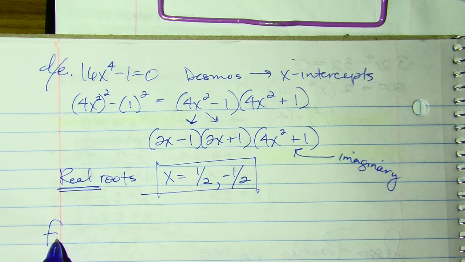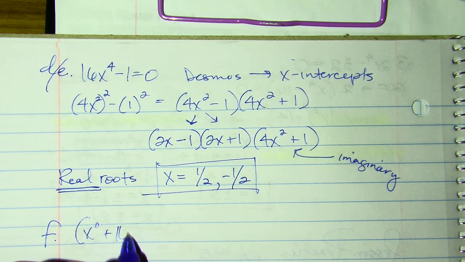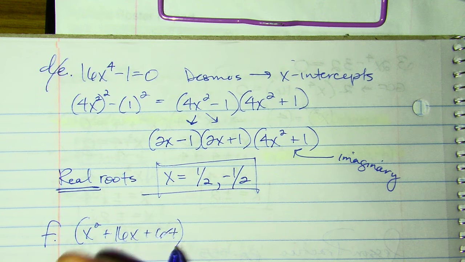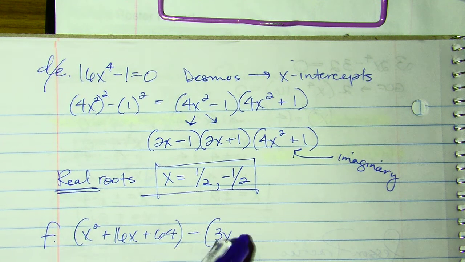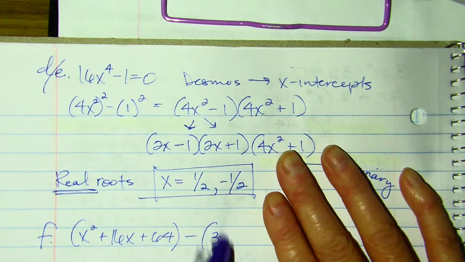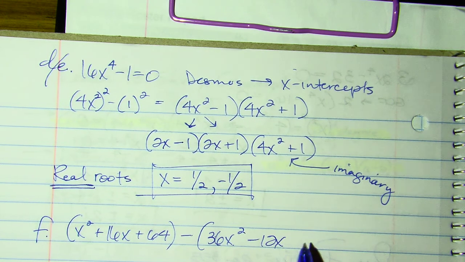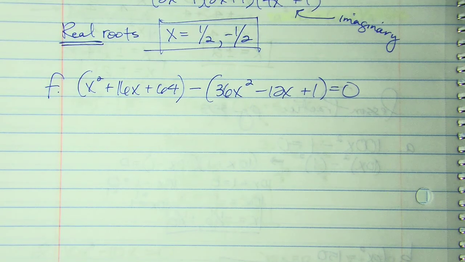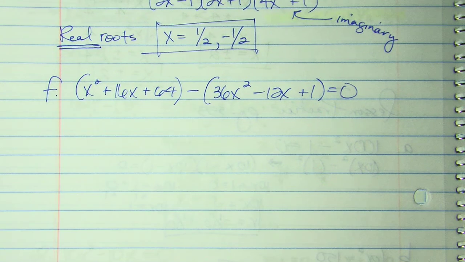Part F, they would like us to solve x squared plus 16x plus 64 minus 36x squared minus 12x plus 1 equals 0. So this one is different. We're going to go ahead and subtract first and combine like terms.